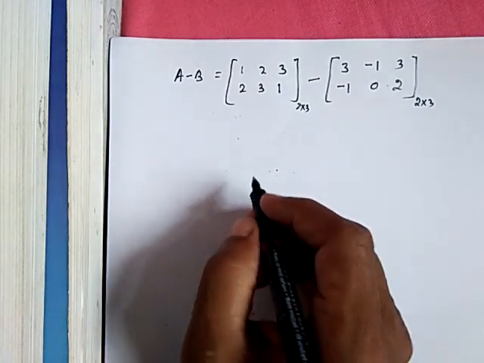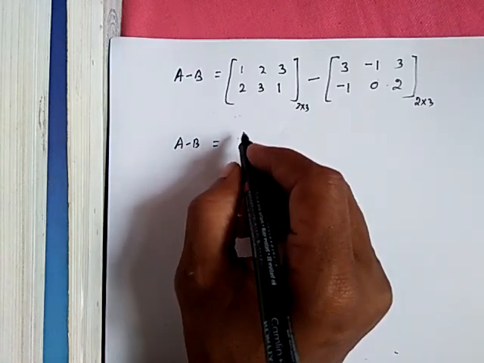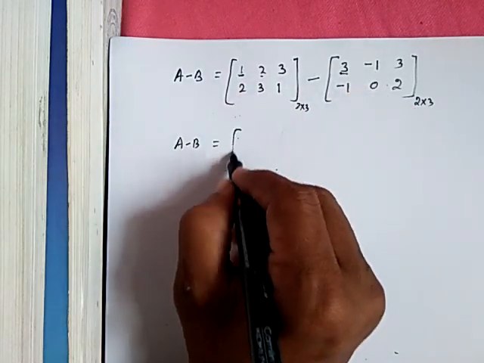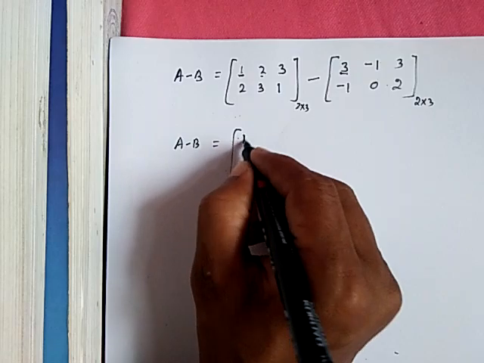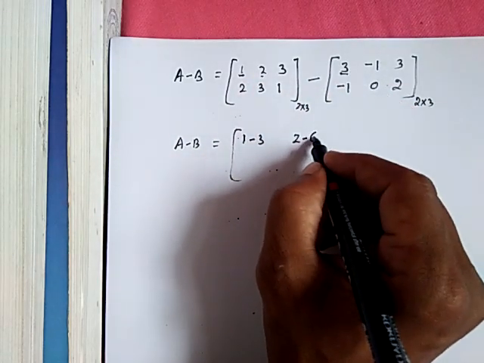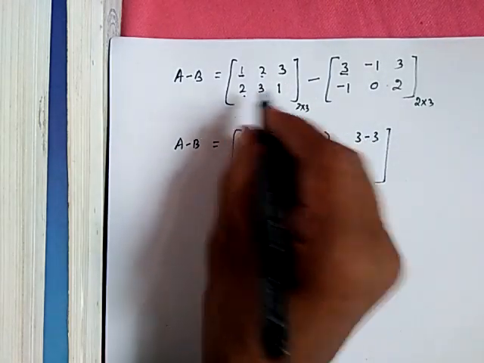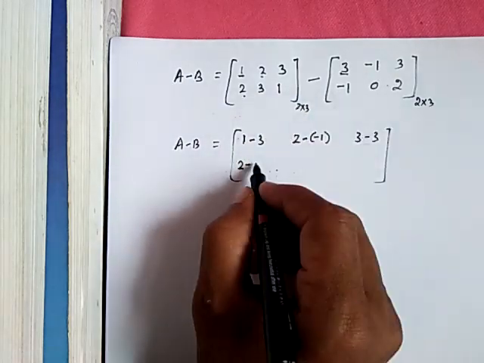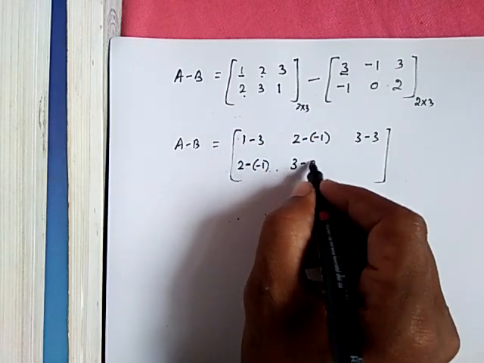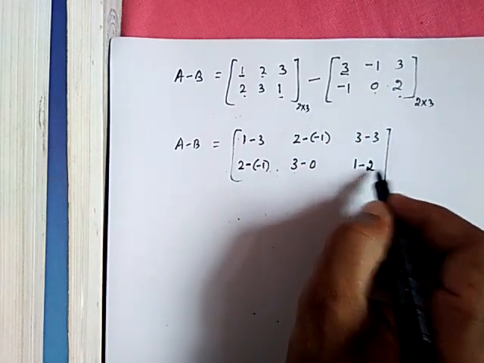Now you can see here, my dear students, A minus B can be written with corresponding elements, this and this, similarly this and this. So 1 minus 3, then 2 minus of minus 1, then 3 minus 3. Next 2 minus of minus 1, then 3 minus 0, then 1 minus 2.